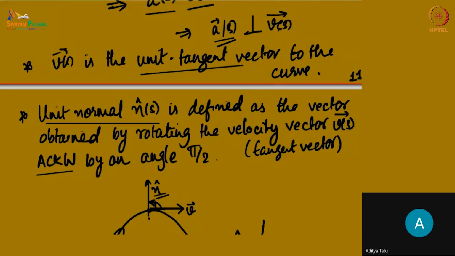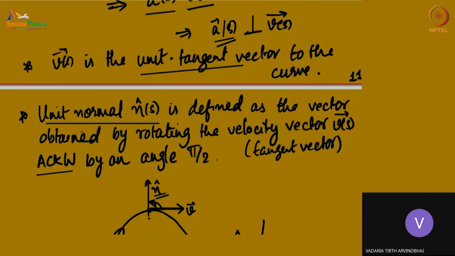You have your unit normal which is also perpendicular to your velocity vector. So what is the relation between the acceleration vector and the unit normal vector? Perpendicular to each other. Acceleration dot n cap also 0.